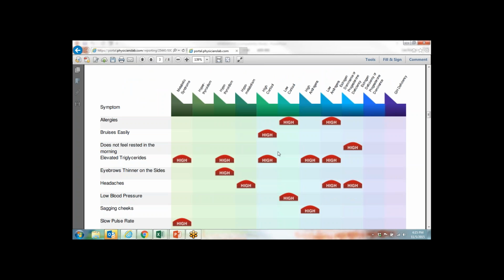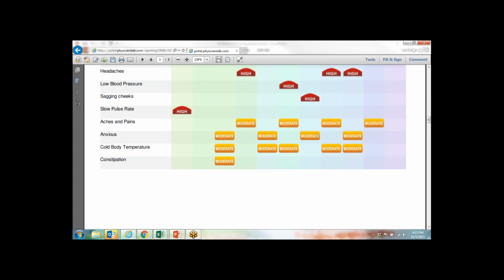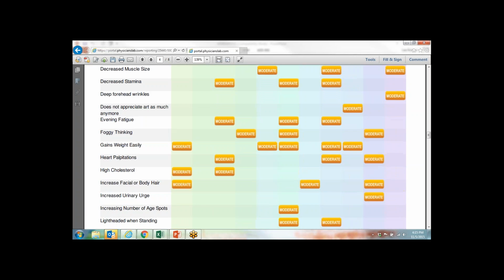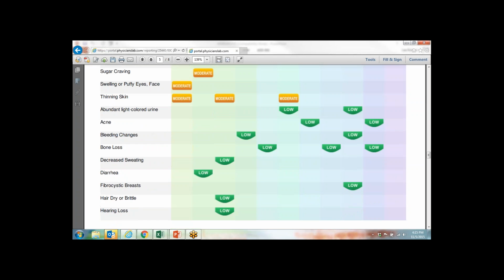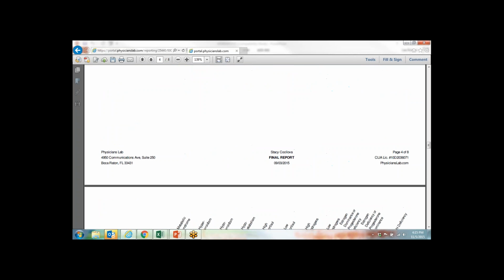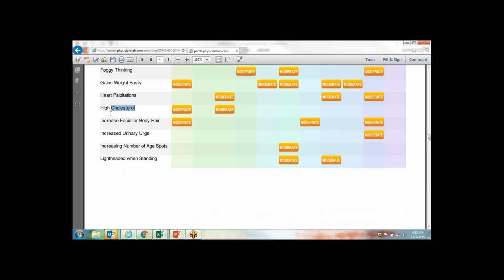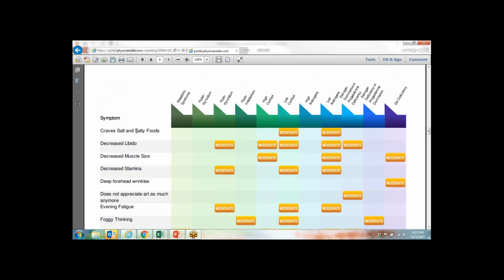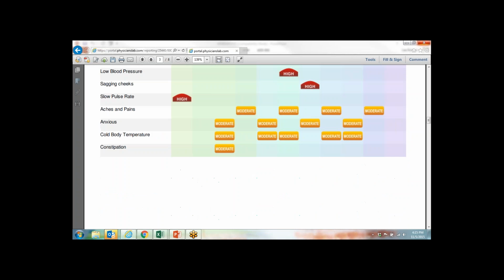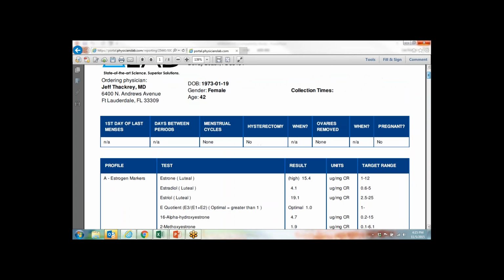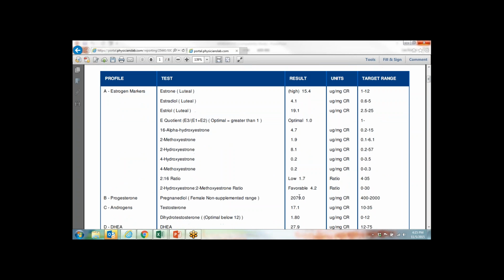So my high severity symptoms are first, my moderate severity symptoms are in the middle, and then my low severity symptoms are at the bottom. If the patient indicates that they do not experience that symptom, it will not appear on the report at all. So if you're missing some symptoms, it is because the patient has not reported that they struggle with that symptom.